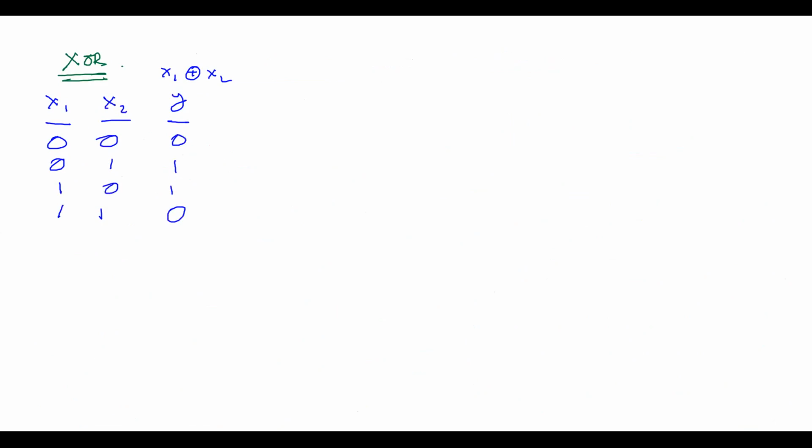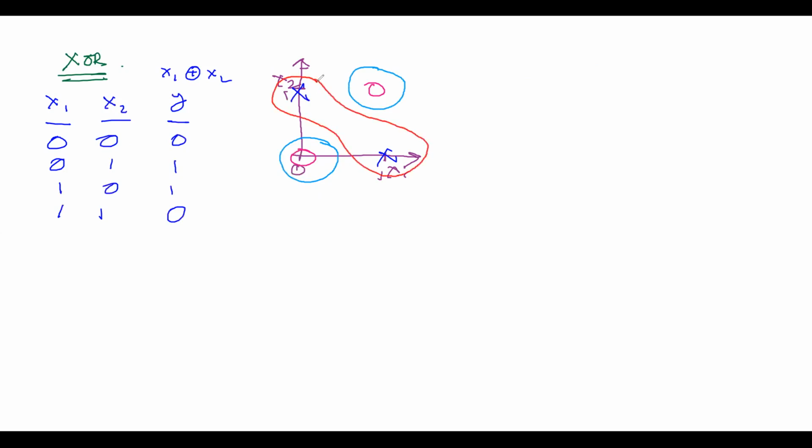When I draw this one, how will it look? Now when I try to separate the classes, this is my one class and this is my same class, and the other two classes will be here.